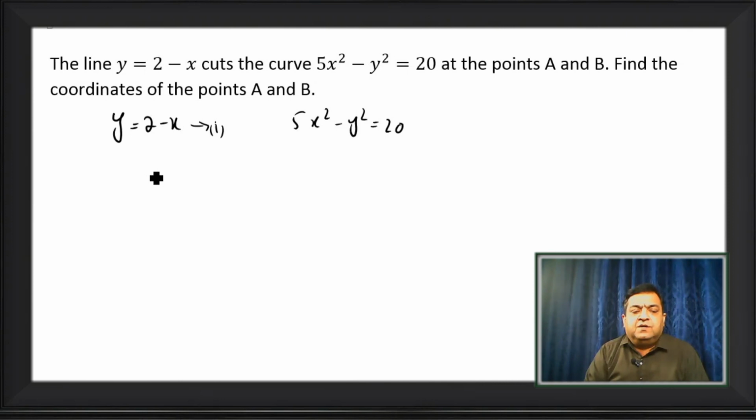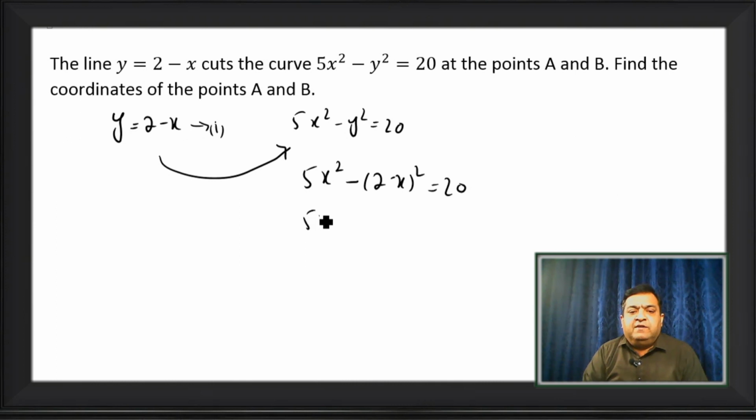From this equation, we will put the value of y over here to get 5x square minus (2 minus x) whole square is equal to 20. 5x square minus, let's open this square, x square minus 4x plus 4, this is equal to 20.